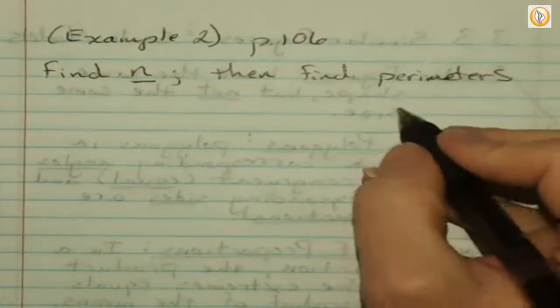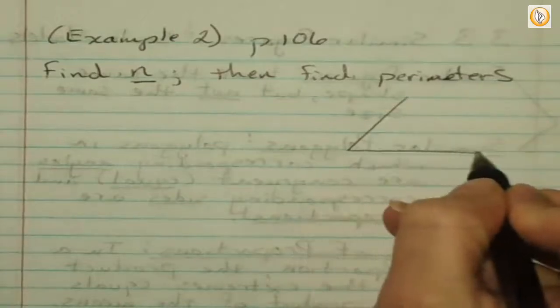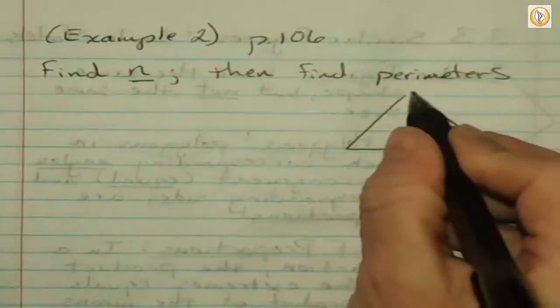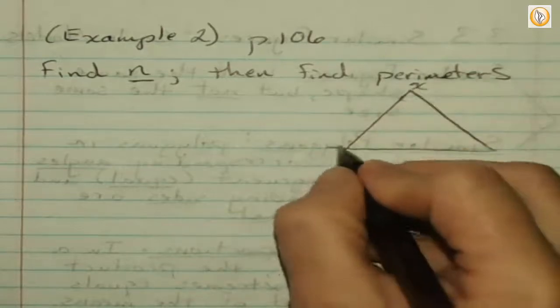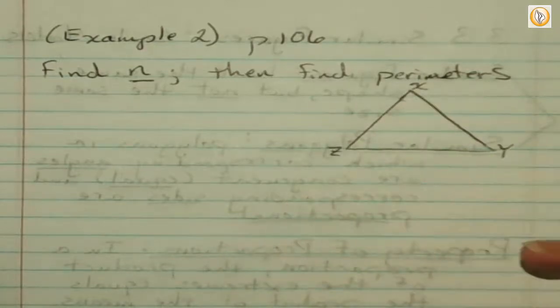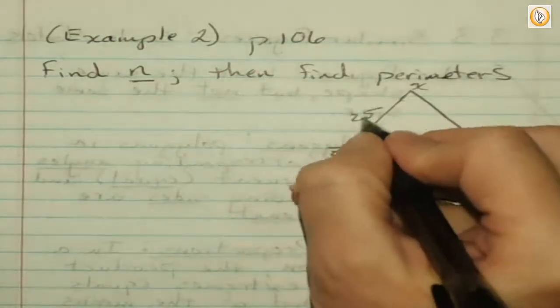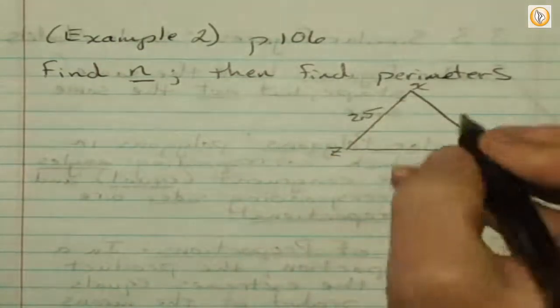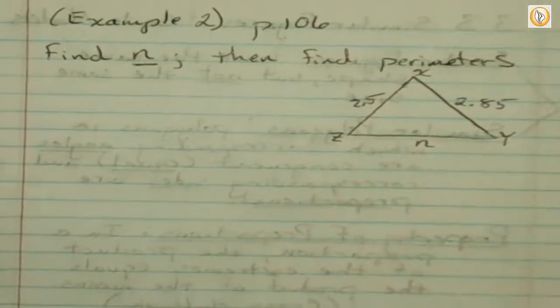Now I'll draw the triangles. This will be X, Z, and Y. And they gave us 2.5. You can look in your book. 2.85, and then N is down there.